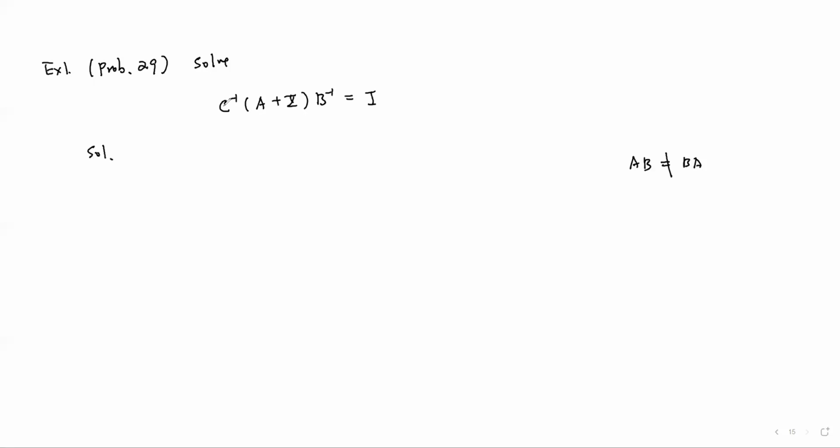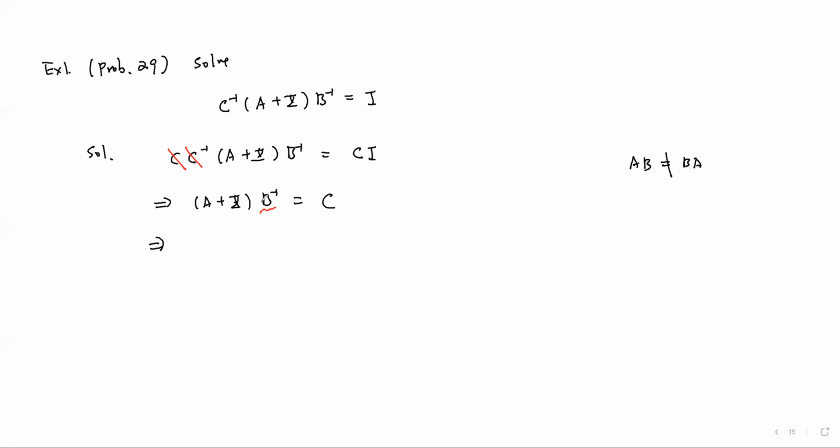I move C inverse to the right side. How? Multiply the equation from the left side, not from the right side. Then C inverse cancels, and C times 1 is C. Next, move B inverse to the right side.